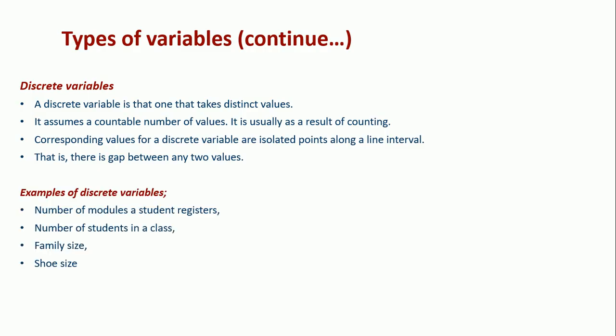So examples of discrete variables are number of modules a student registers, number of students in a class, family size, shoe size, and so forth.